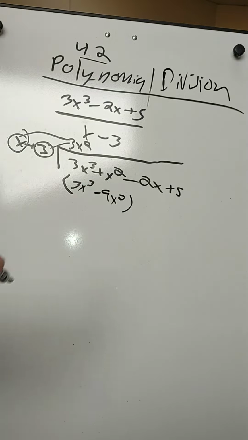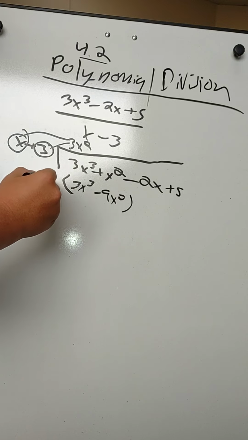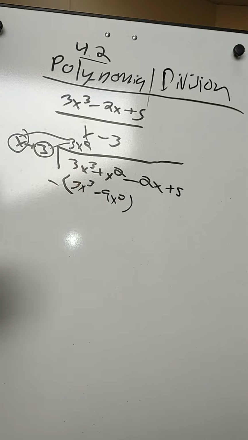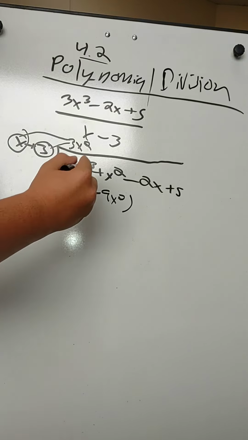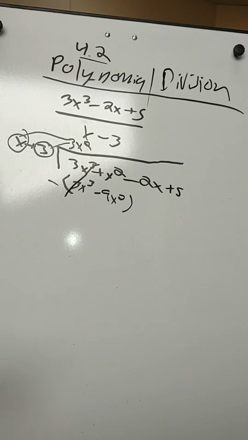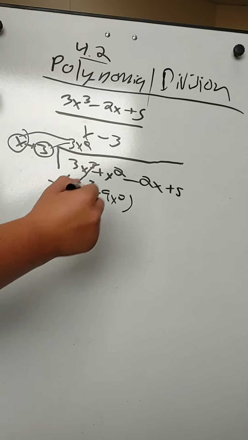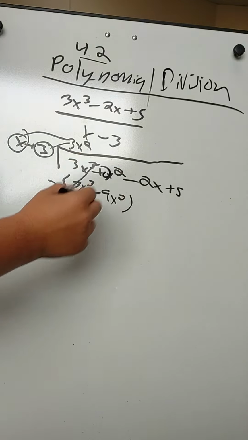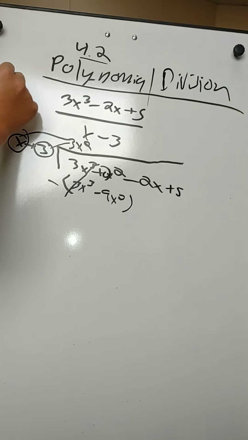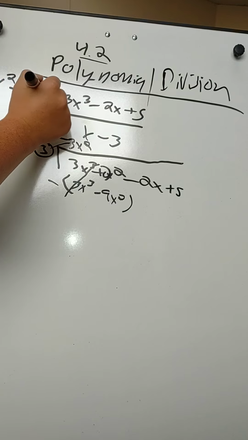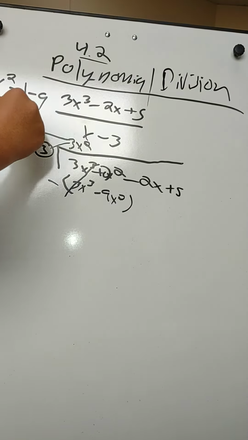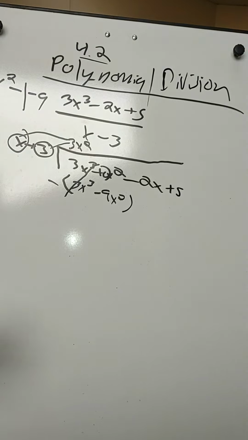And a little tip, I like to always put it in parentheses, just because it makes it a little bit neater when you're trying to subtract everything. So, obviously, this cancels out because it's 3x cubed minus 3x cubed. But, in terms of the 0x squared, we're adding that because it's 0x squared minus negative 9. And obviously, a negative minus a negative is always a positive.